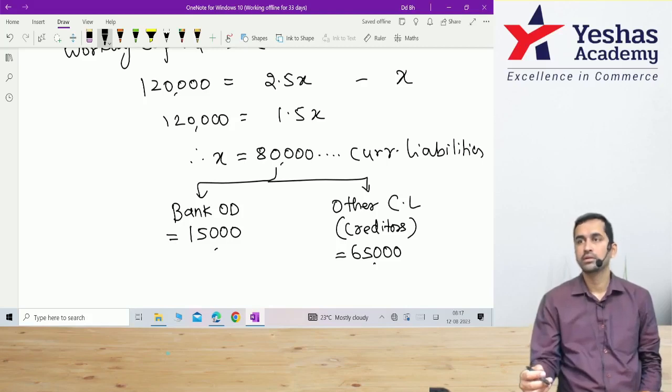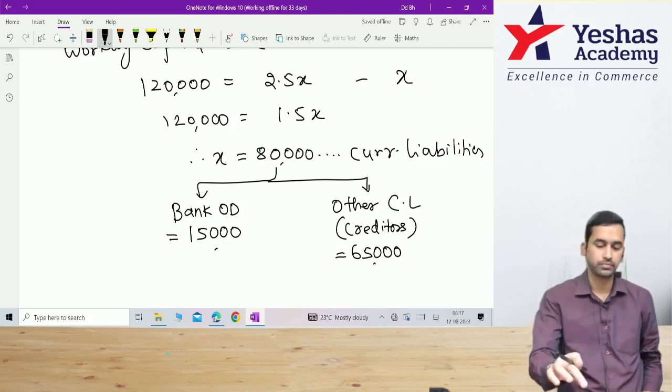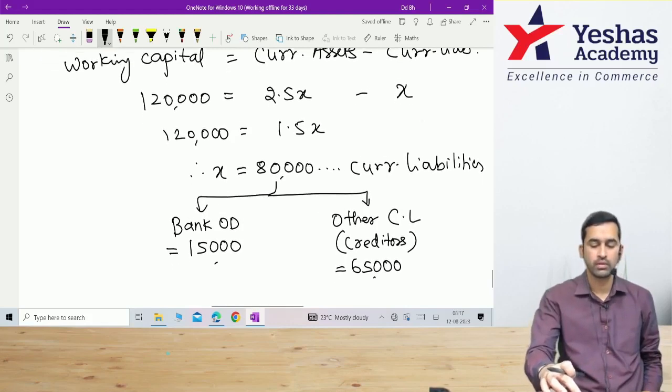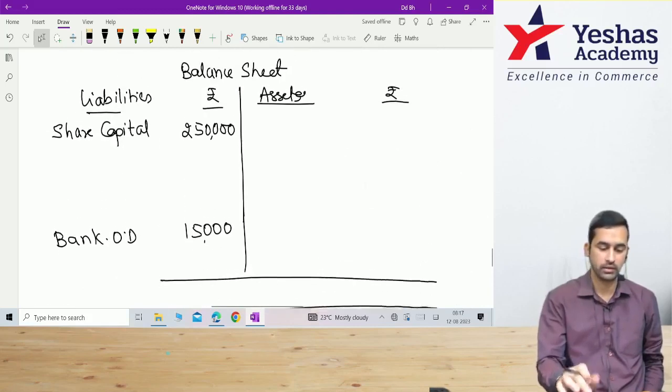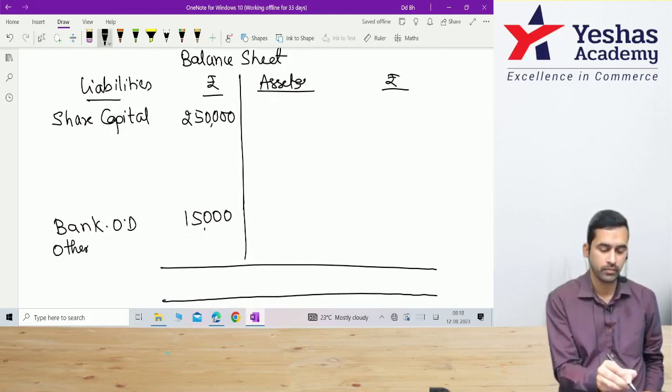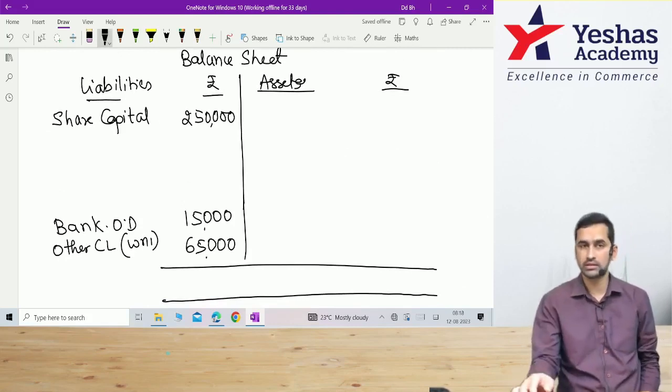Correct? This can go to the balance sheet now. Other current liability, working note 1, 65,000. Nothing wrong if you write it as creditors.